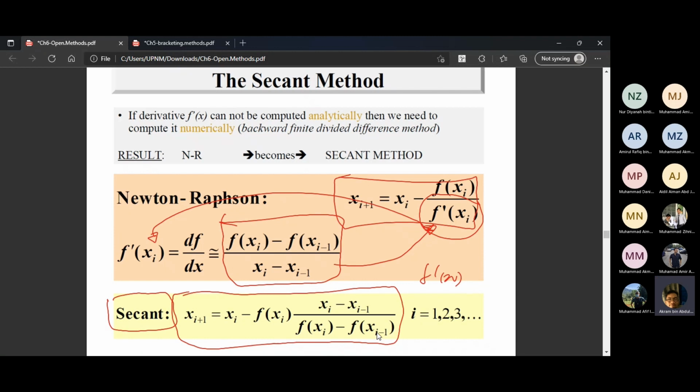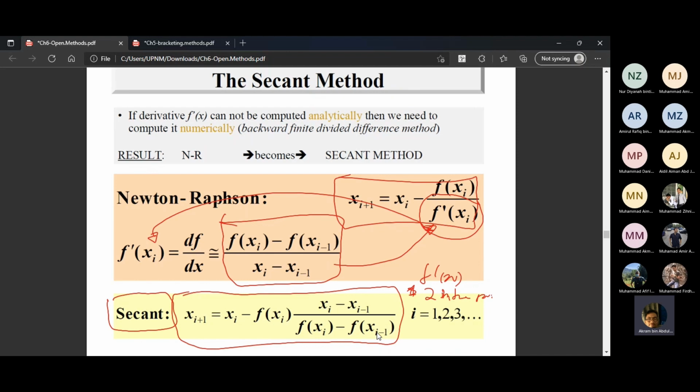But instead of, for the previous method, needing one initial point, for this secant method you need at least two initial points. That's the only difference. Instead of using one, you need two initial points. But these two initial points don't have to be a bracket.